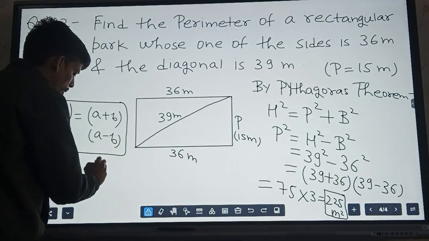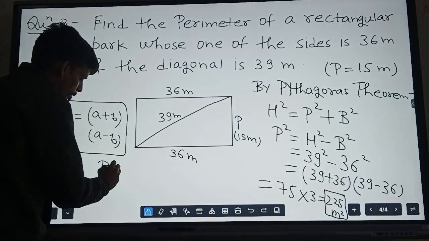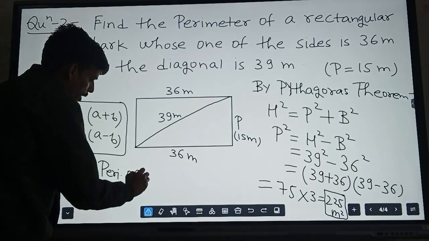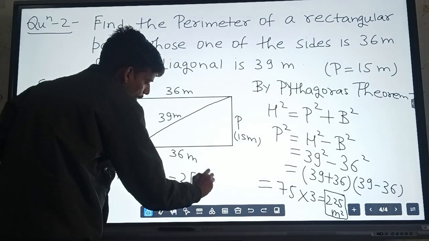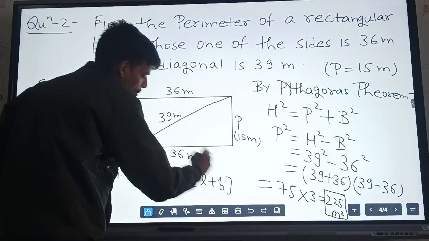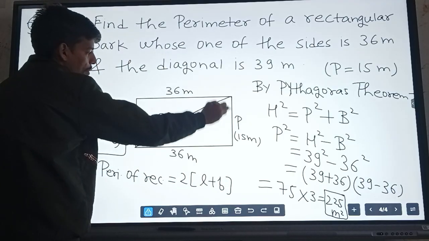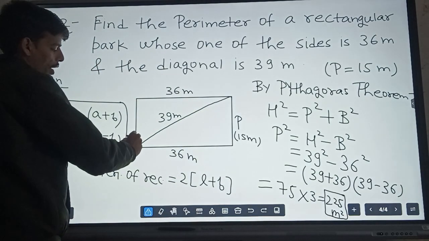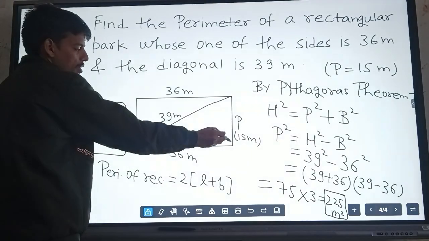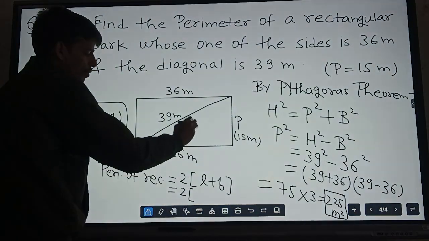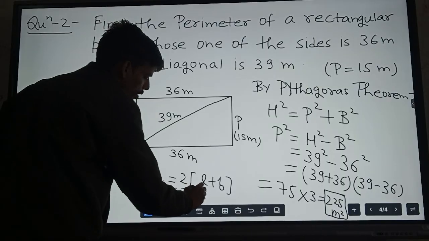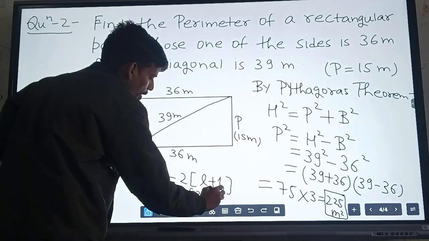Now we find our perimeter easily. We know that the perimeter of a rectangle equals 2 into L plus B. L means length and B means breadth. 2 into L plus B, L equal to 36 and B equal to 15.